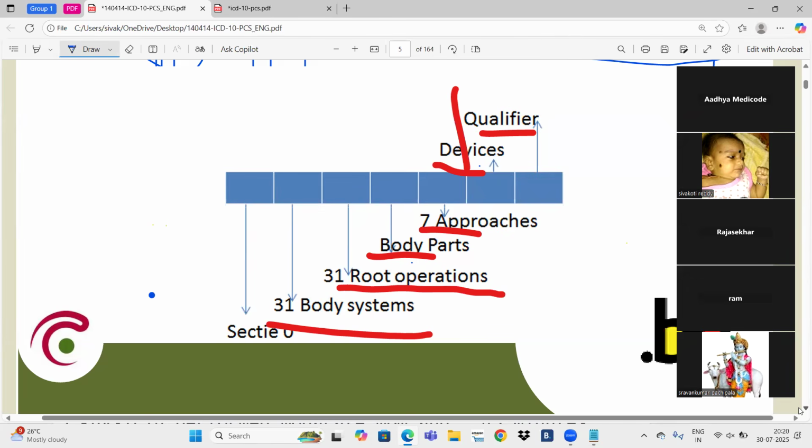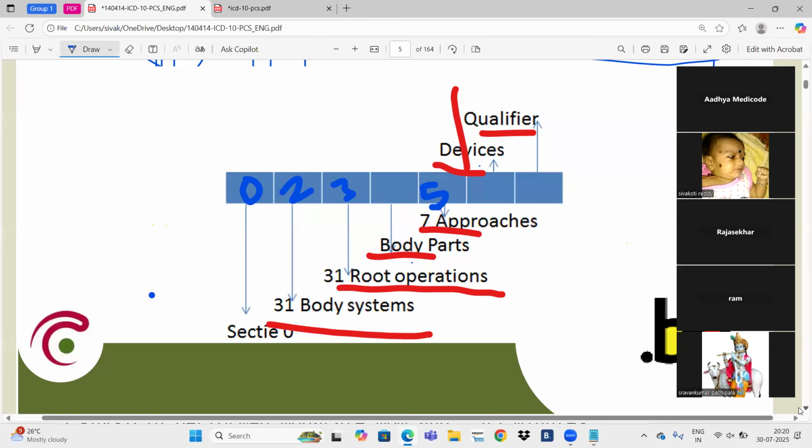So the first section has the fixed value 0. Next, the 31 body system values are fixed. Then the root operation is also a fixed value. Then the approach value is also fixed. So the first character, second character, third character, and fifth character are fixed values.